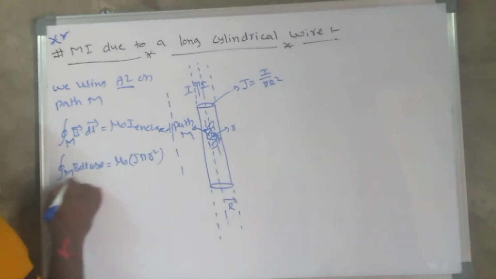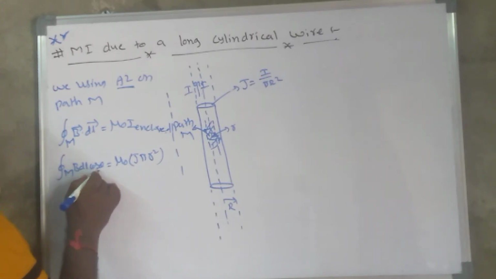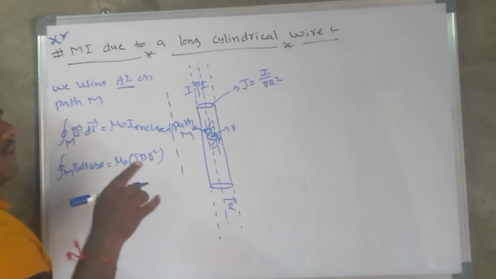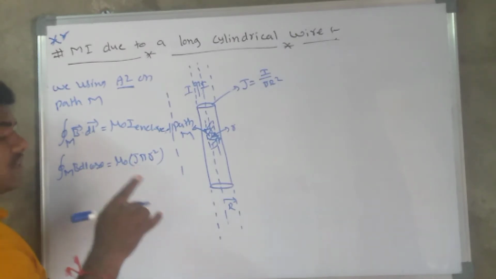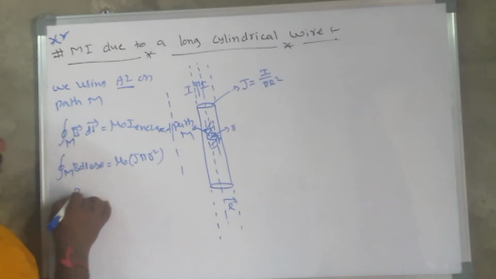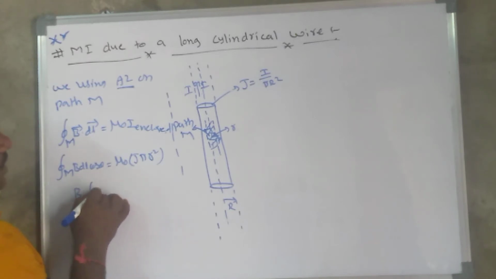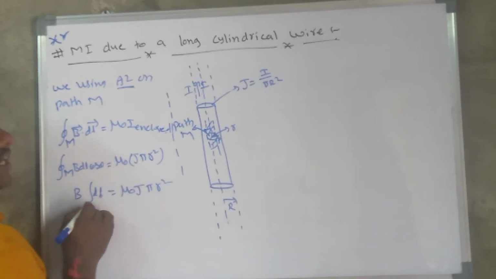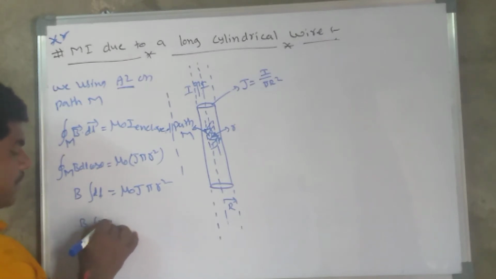Here theta is equal to 0, because the dl direction and the magnetic field direction are both the same. That's why B can be written outside the integral: B times the integral of dl is equal to mu naught J pi r squared. The integral of dl is nothing but the circumference, 2 pi r.